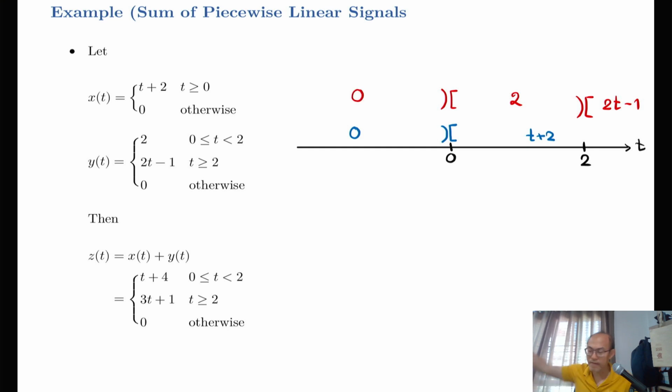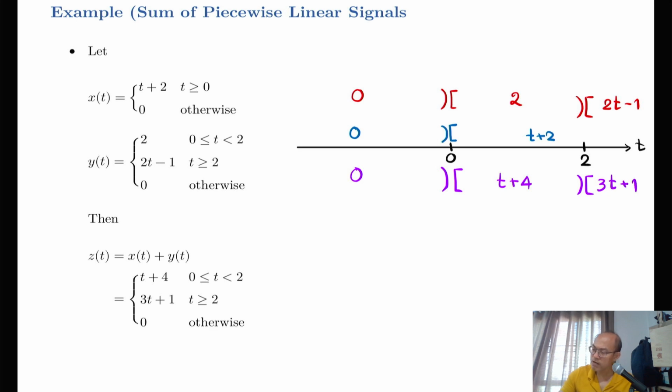Now we add them together interval by interval, so the result would be an open interval at 0, and then a closed interval, and t plus 4. And then a closed interval and 3t plus 1.